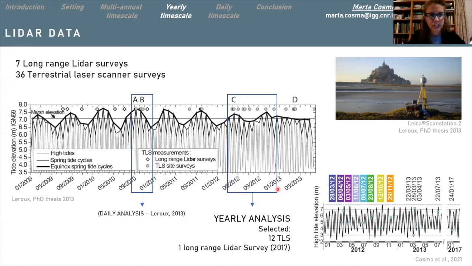But for the yearly analysis that I'm going to show you now, we selected 12 terrestrial LiDAR surveys spanning between 2012 and 2013, and we also have one long-range LiDAR survey in 2017. We used these surveys in 2012 because they are quite distributed along the year.